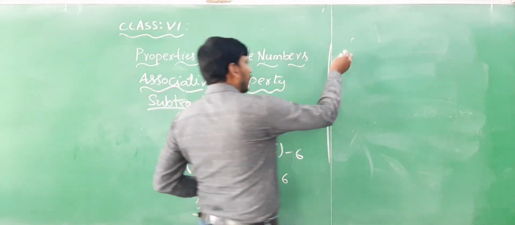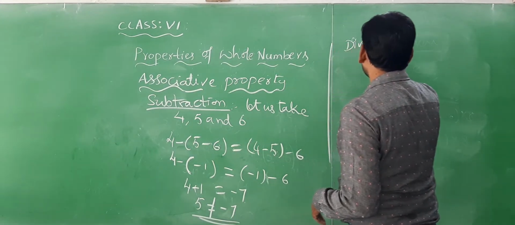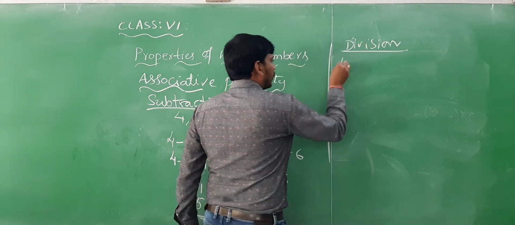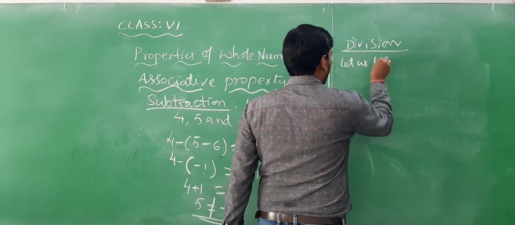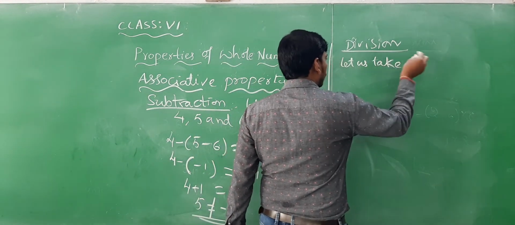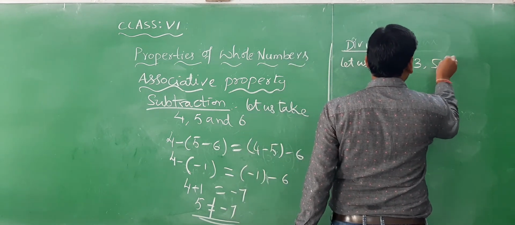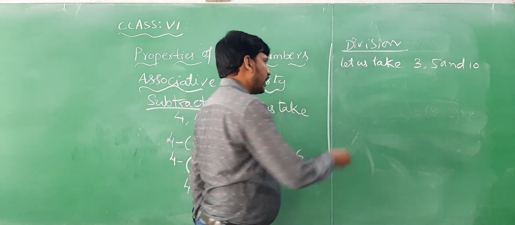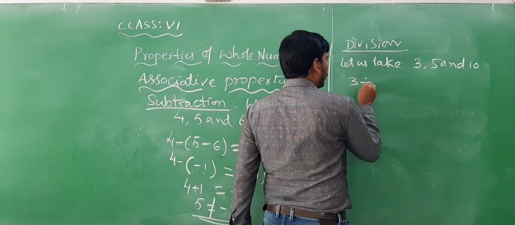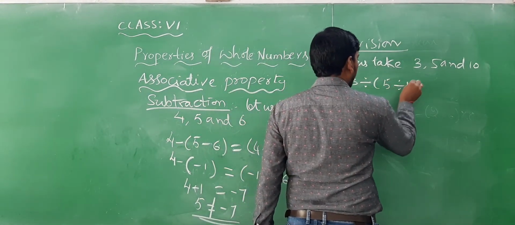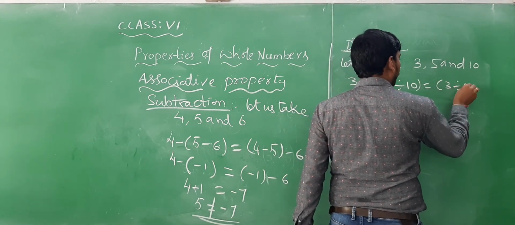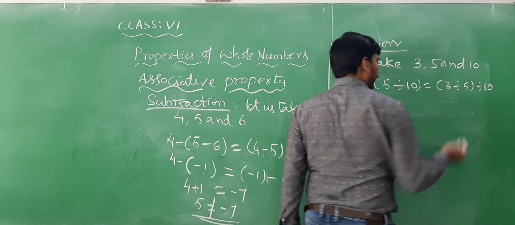Now, in the same way, division also. Let us take 3, 5 and 10. Okay, division. (3 ÷ 5) ÷ 10 is equal to 3 ÷ (5 ÷ 10).